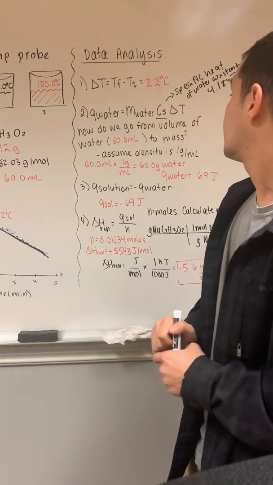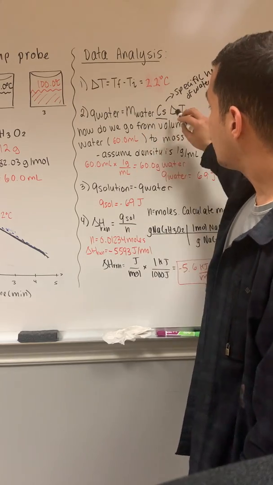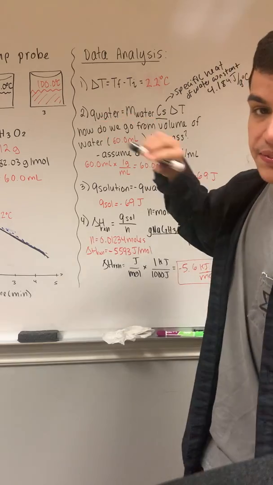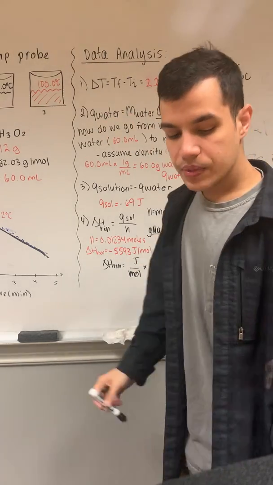So that's the constant there. And then the temperature change. We know the delta T, we got it there. This Cs, the specific heat, is a constant, it's given to you. And then the mass of water, we have to get that.